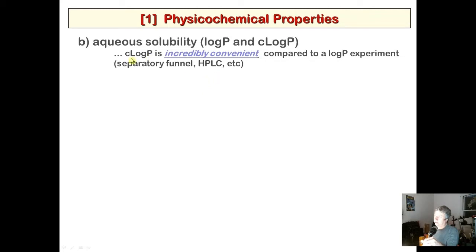Whereas with a computer program, we can do this very rapidly and simultaneously for a lot of molecules. There are different algorithms for a computer program to determine C log P.